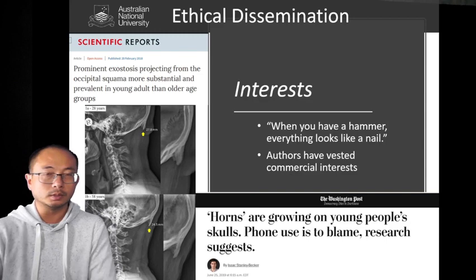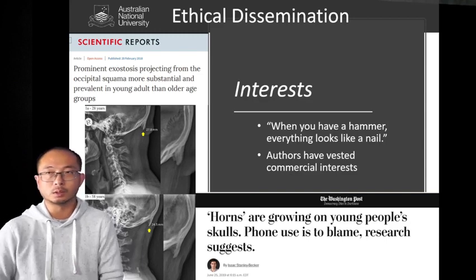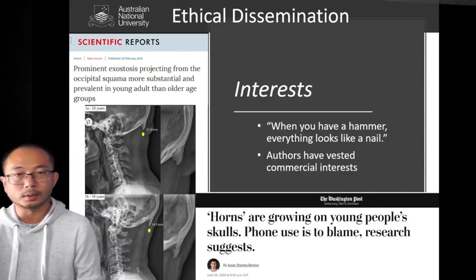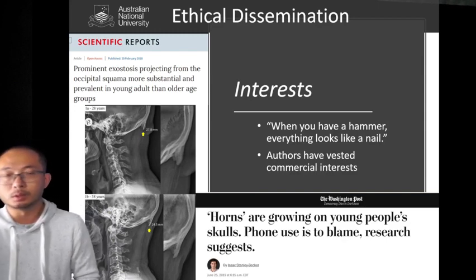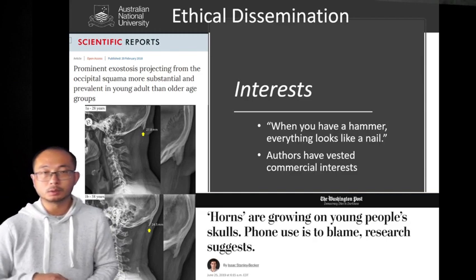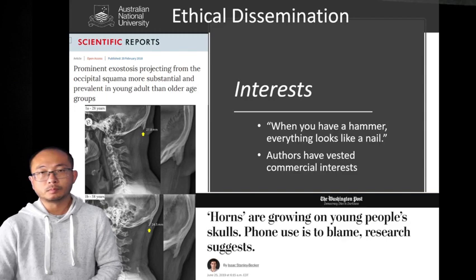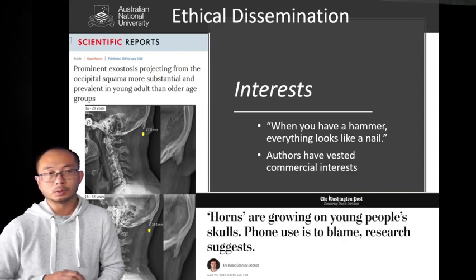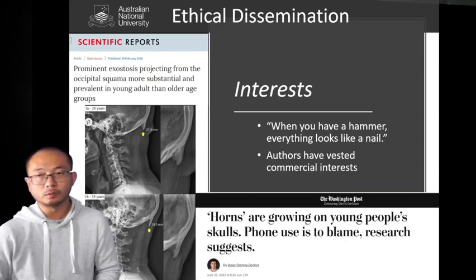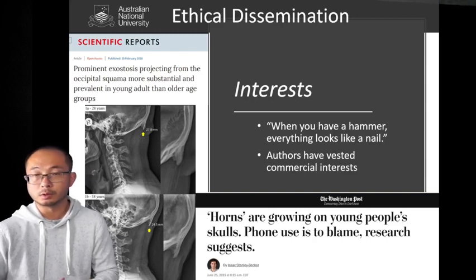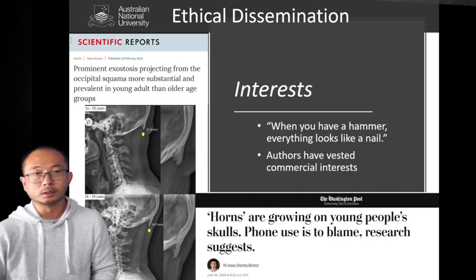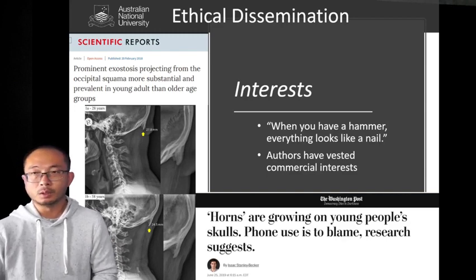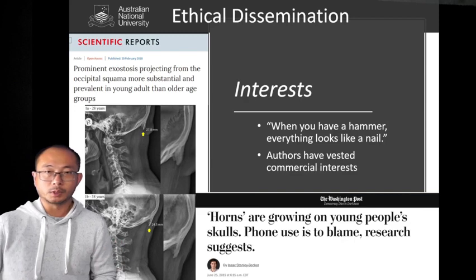But what's interesting is that you should also look at the authors. It's always good practice to look at the authors, look at whether the field they are publishing in is their field. Because in this case, we found that later on, a lot of people wrote articles to debunk the premise, the thesis of this article.